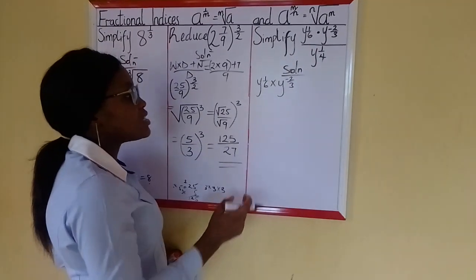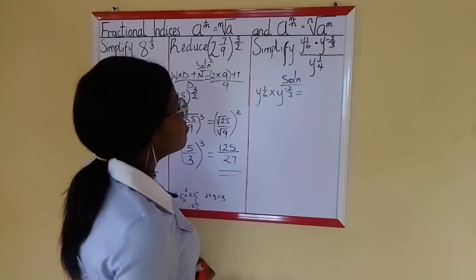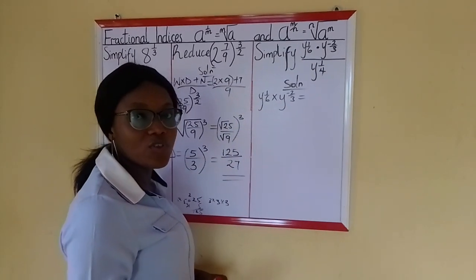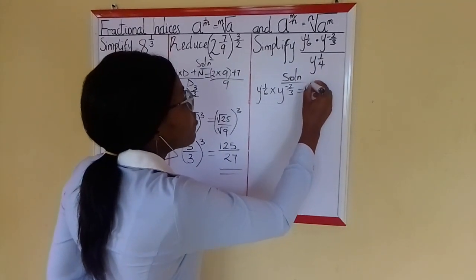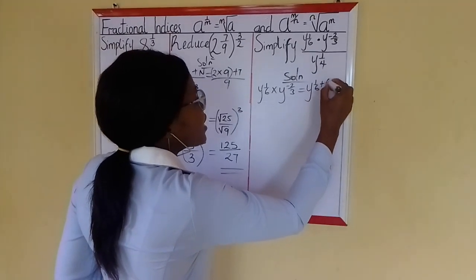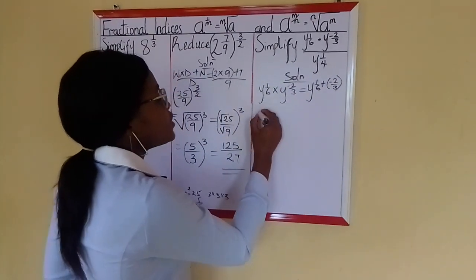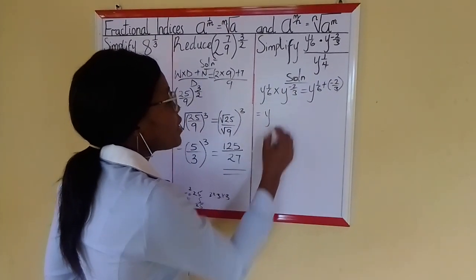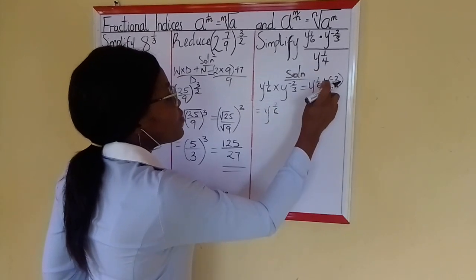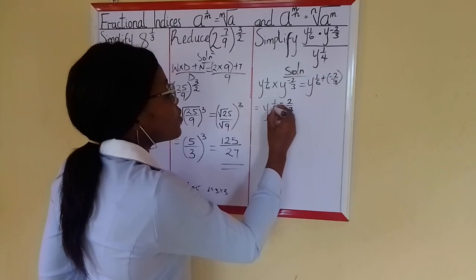So remember, in indices, when you have multiplication, you solve it as addition. You have y raised to power 1/6 plus bracket minus 2/3. This is equal to y raised to 1/6 plus times minus is minus 2/3.